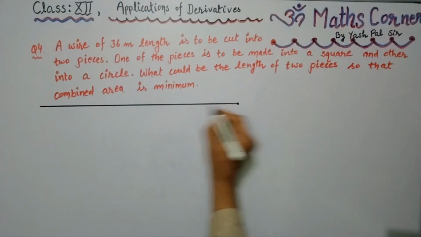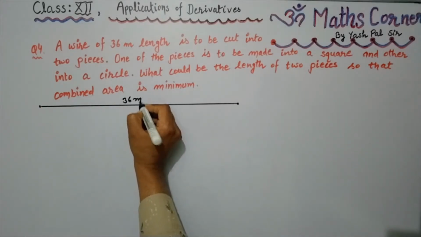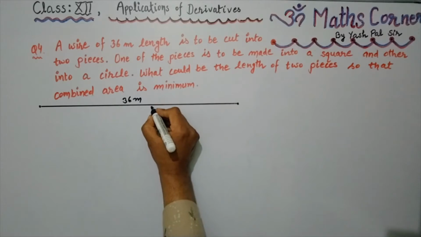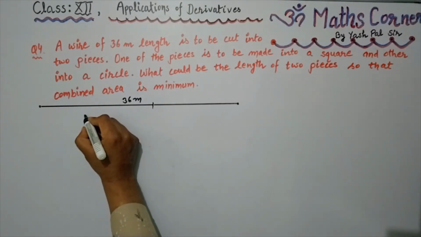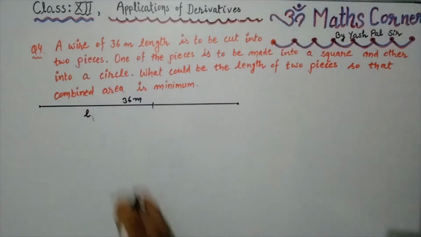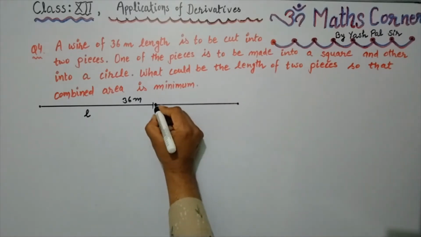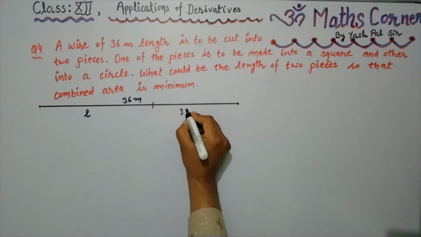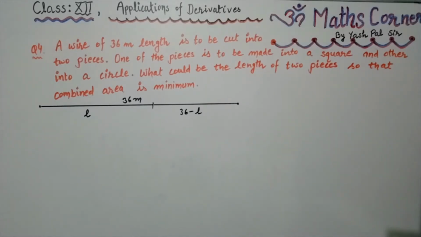Okay, the length of this full wire is 36 meters, and suppose this is cut from here, and this first piece, the length is suppose L. So what is the length of second piece? Of course this will be 36 minus L.